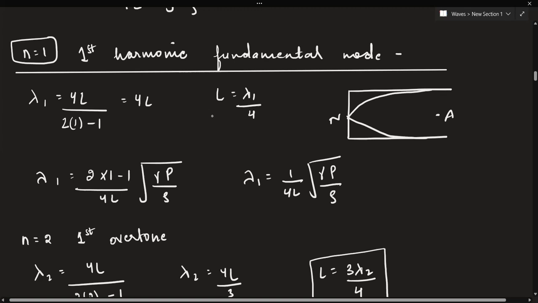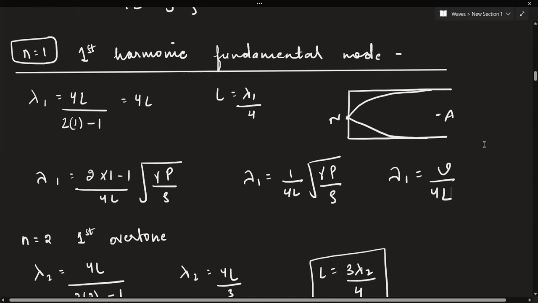So in case of the first harmonic or fundamental frequency for the closed organ pipe, the length is 1/4 of the first wavelength. It will be like this. This gives us a node, this gives us an antinode. This is the first wave. This boundary represents that it's a closed organ pipe, closed at one end. Then the frequency for the first mode of vibration will be 2 into 1 minus 1 by 4L under root gamma P by rho. That is 1 by 4L into velocity. So nu 1 will be V divided by 4L.